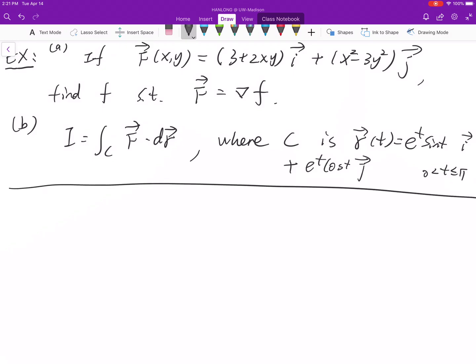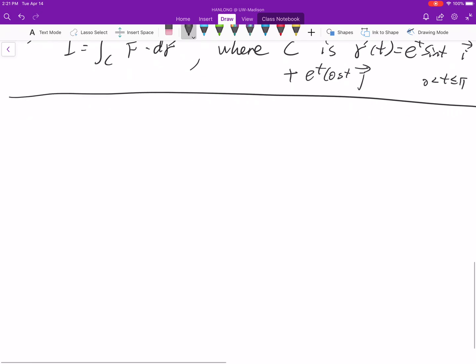Okay, so before we do calculation, it's easy to find that B is an easy corollary of A. As soon as you figure out what a potential function is, you just plug in the data of the two endpoints, the data of the two boundary points.